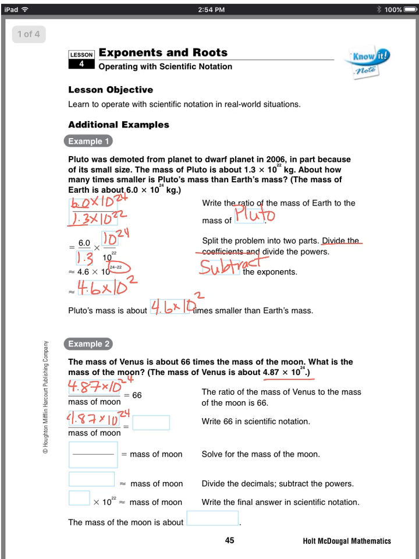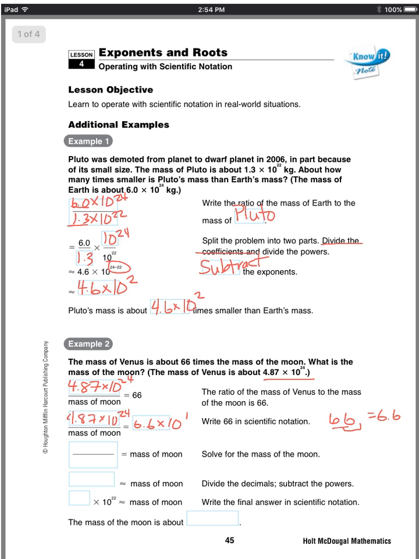And remember to write 66 in scientific notation, you move the decimal in between the first 2 numbers and you get 6.6. So we have 6.6 times 10, and we move the decimal place 1 place left, and it's positive because our starting number was greater than 1, so our exponent is positive.